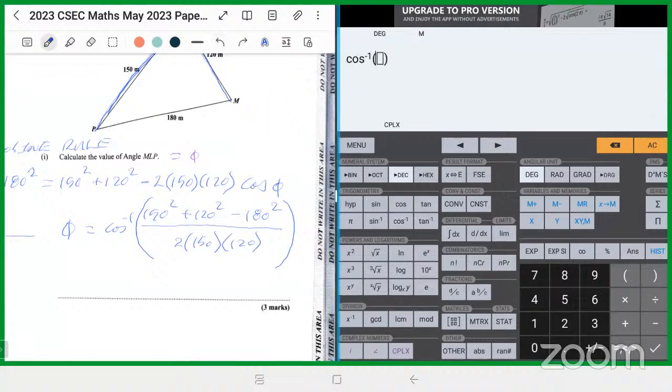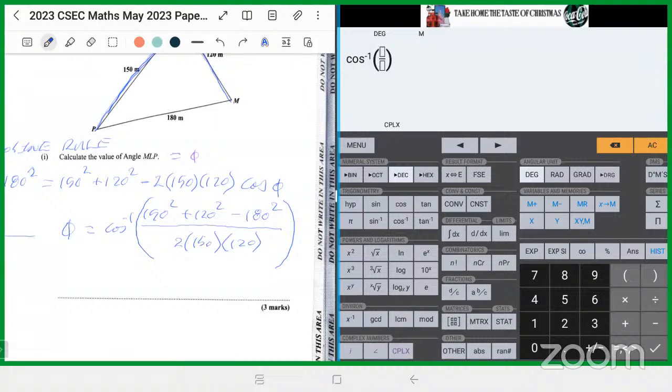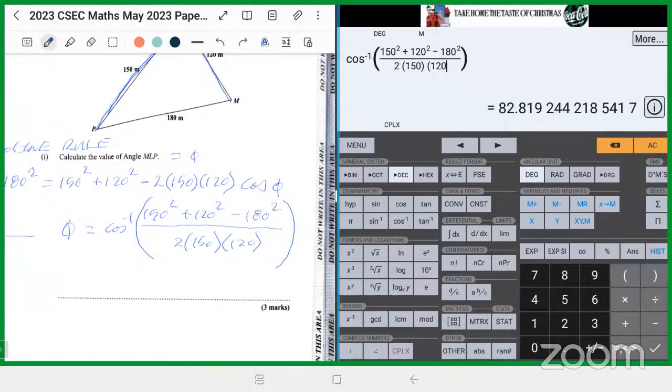I'm going to do cos to the minus 1, and in there I need a fraction: 150 squared plus 120 squared, subtracting 180 squared, and I'm putting that over 2 bracket 150 close bracket, open bracket 120 close bracket. And see, I get an angle of 82.8 degrees.